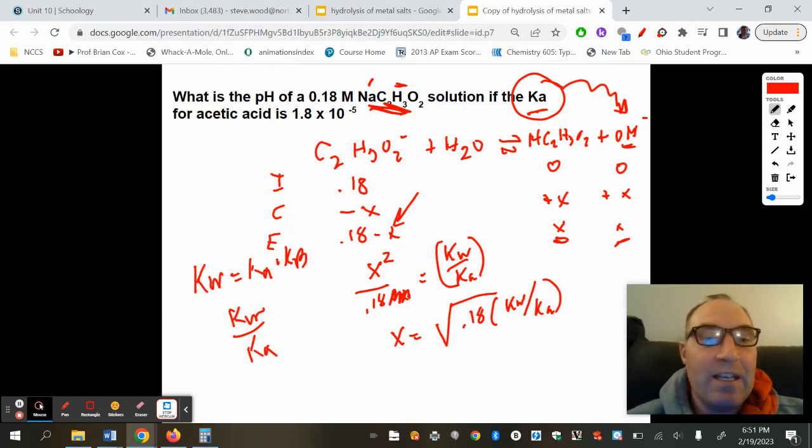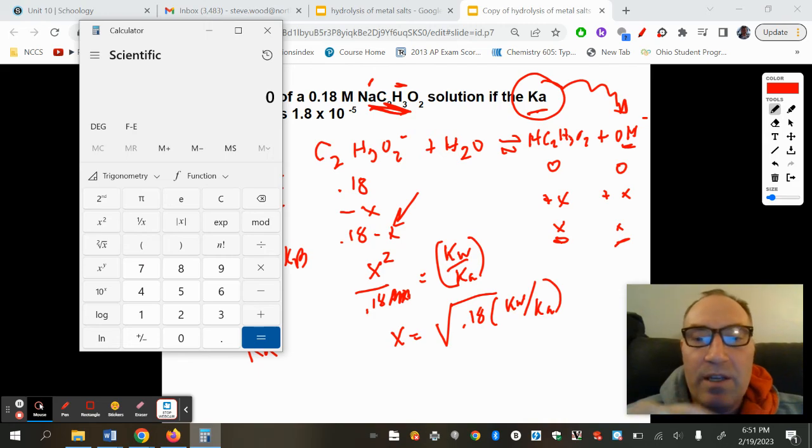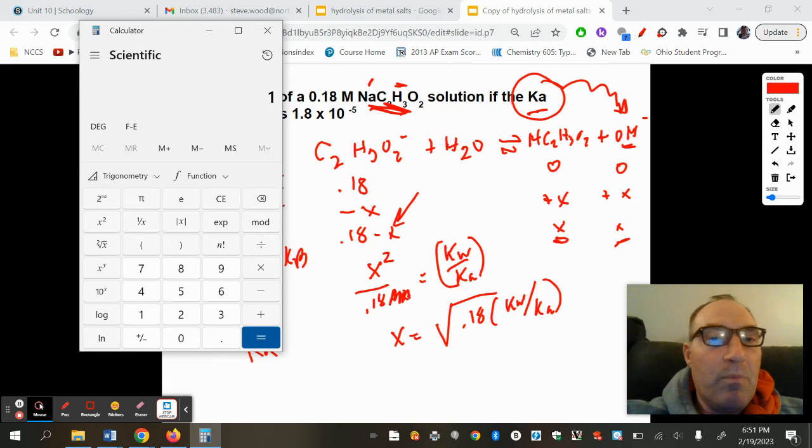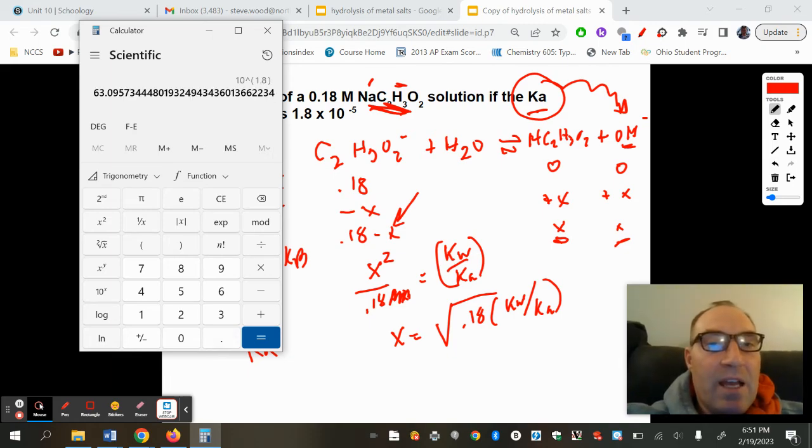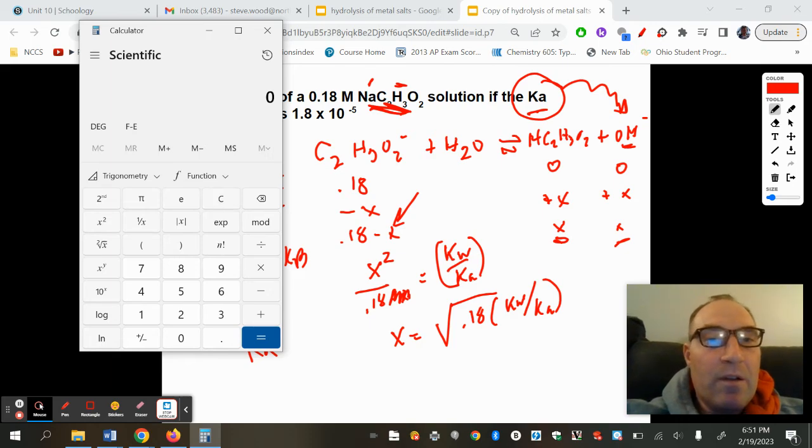I have my handy dandy calculator. Oh, all right, so let's do this. Oh, wrong button there. This is embarrassing. Okay, clear. I'm pushing the wrong buttons here.